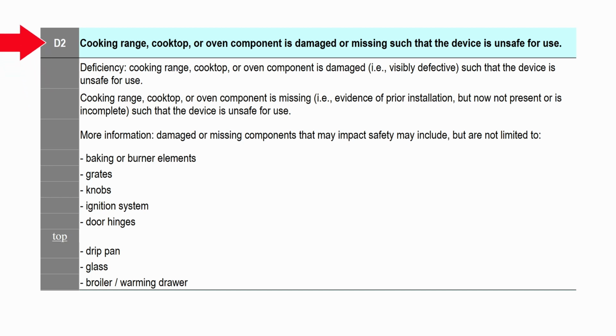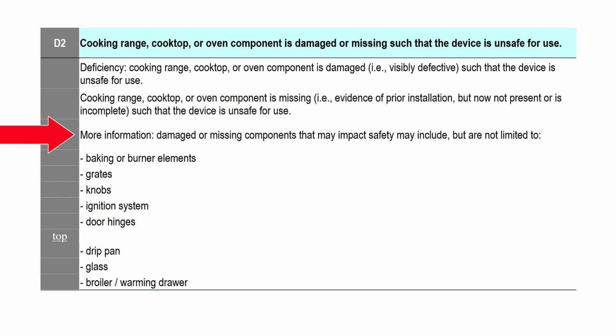Deficiency 2 says the cooking range, cooktop, or oven component is damaged, i.e. it is visibly defective, such that the device is unsafe for use. Cooking range, cooktop, or oven component is missing, i.e. there's evidence of prior installation, but it's now not present or is incomplete, such that the device is unsafe for use.